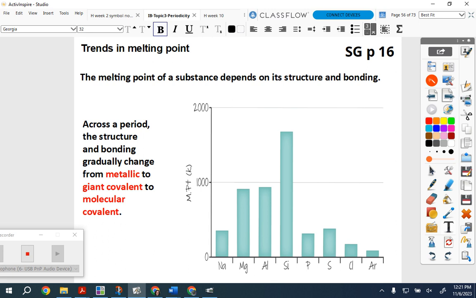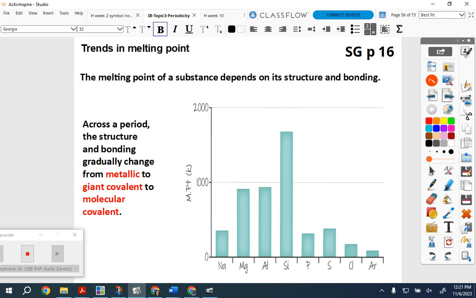But you'll see that the melting point trends are different from any of the other trends we've looked at. And the way I remember this is that melting point makes a mountain peak in the middle of the period. Okay? So it goes up and then it comes down. And the reasons for those increases and decreases within period 3 in this case come from the differences in bonding.